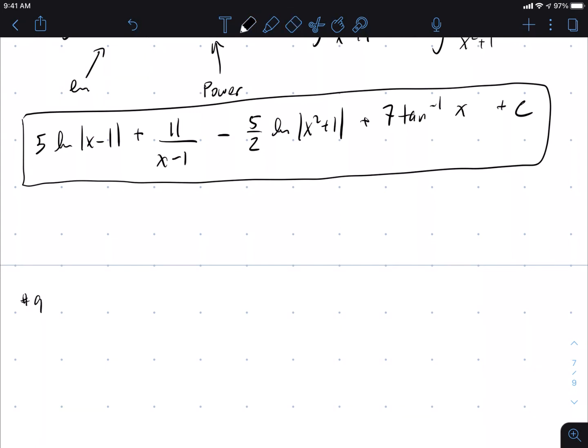I've done 8 full problems, every step, and it's taken me already over an hour and a half. So I think 10 questions is about the limit for this exam. What do you guys think? I think 10 questions would be good.